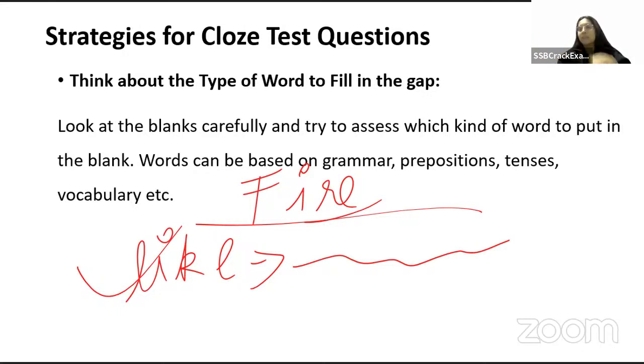It is not exactly related to this one. ठीक है, so that is again very very important, because sometimes confusing questions are asked.